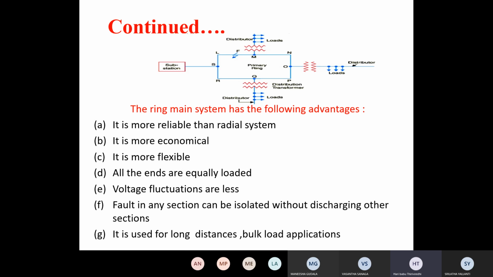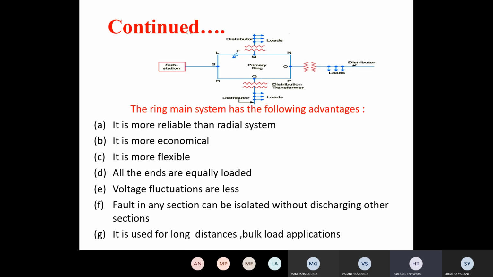Suppose the fault occurs in between point L and point M. Generally in a radial system, the total M distributor may shut down. But now there is no power failure for the M distributor also, because the power will go through S, R, Q, P, O, N, M like this.